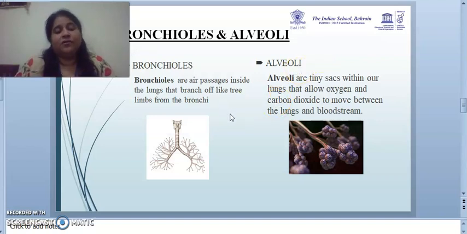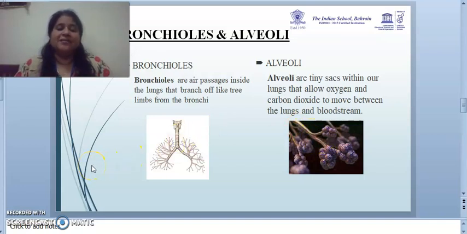Now from the nostrils till the bronchioles, it is only a passage for conducting air rich in oxygen. It is in the alveoli that exchange of gases takes place, namely oxygen and carbon dioxide. It is a balloon-like structure present at the end of the bronchioles.